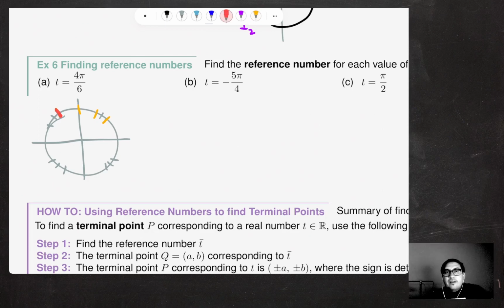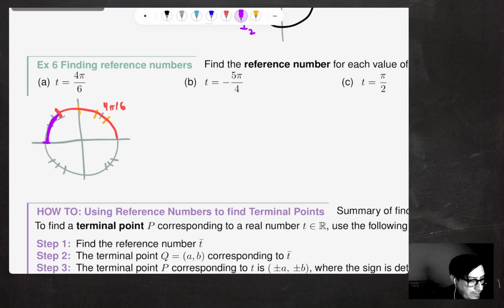So in terms of the four pi over 6, that is our wet noodle. What is our reference angle? Well, our reference angle is actually right here. Now, what would that be? If you remember the whiskers, if I go all the way to the top whisker, this is going to be pi over 3. So there is our reference number.